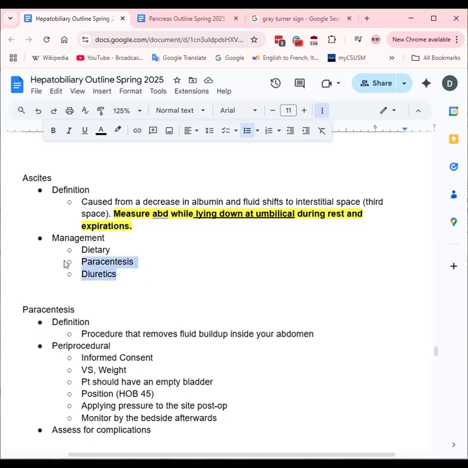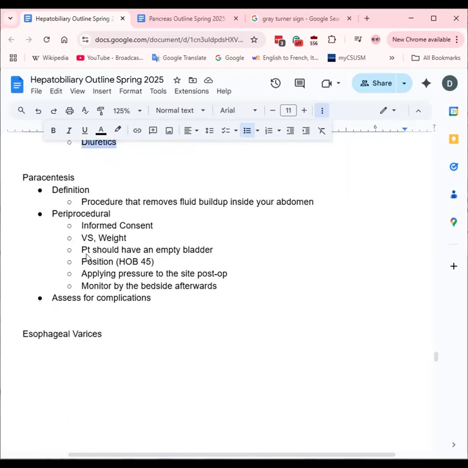Diuretics can also help. Now let's talk about paracentesis. You're going to have all the same things you would expect from an invasive procedure. You need informed consent. You should take vital signs and weight before and after. As we saw in the iHuman case, that patient had a ton of fluid taken out all at once, so they started to have issues with their blood pressure.